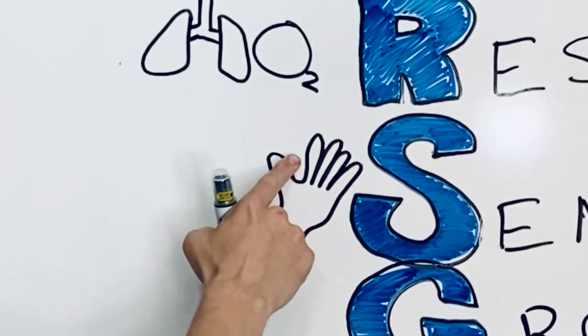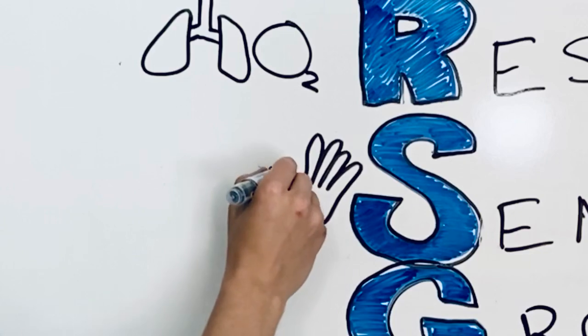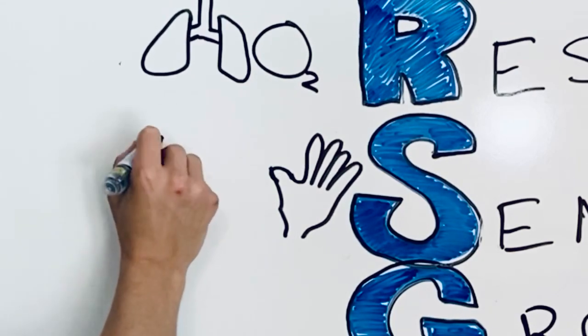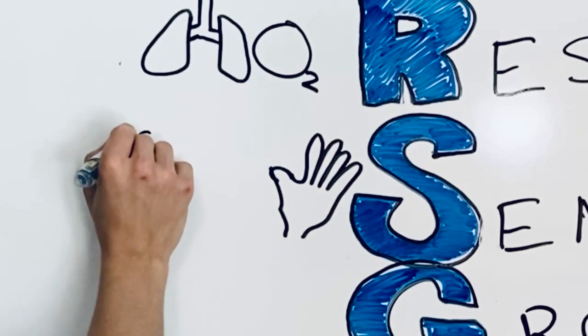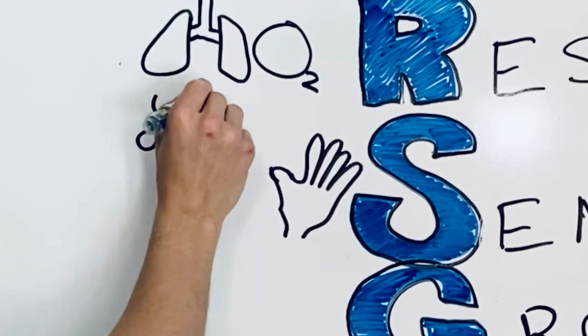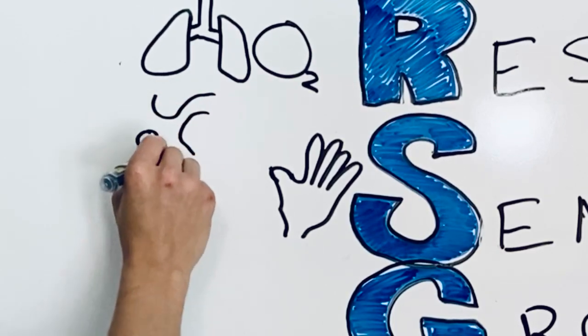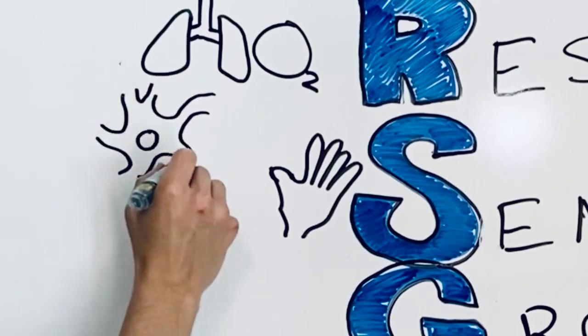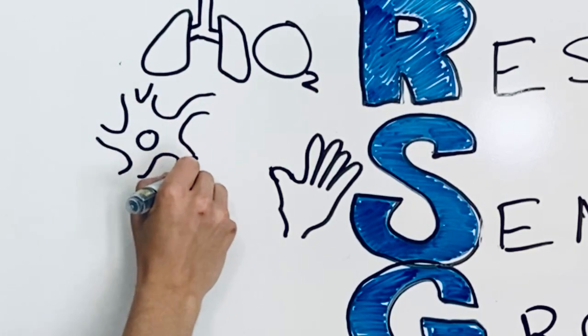There's a hand. The thumb was a little bit big. Maybe I'll make that thumb a little smaller. That's good. I have a hand for sensitivity, and I'm going to draw a nerve cell that looks like this. With little dendrites. And here we have the axon.